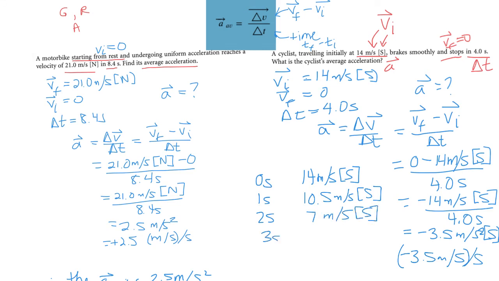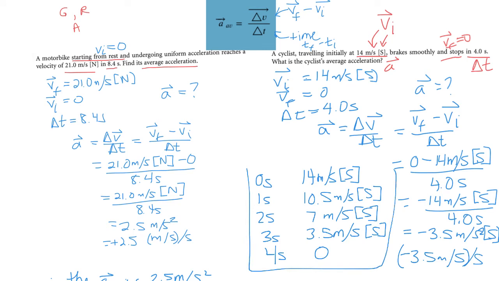And at 3 seconds, I'm going to take another 3.5 away, so that'll leave me going only 3.5 meters per second south. And then at 4 seconds, I'll have taken away another 3.5 meters per second, and I'll have 0 velocity, which is what happened in the problem, right? We went from 14 down to 0 in 4 seconds.